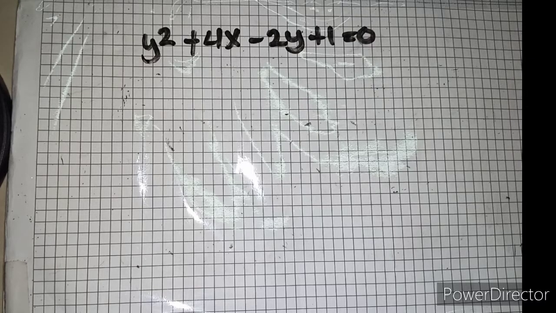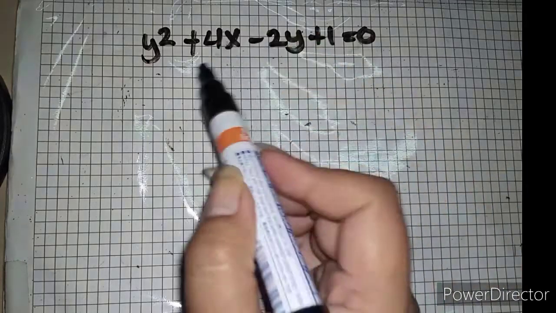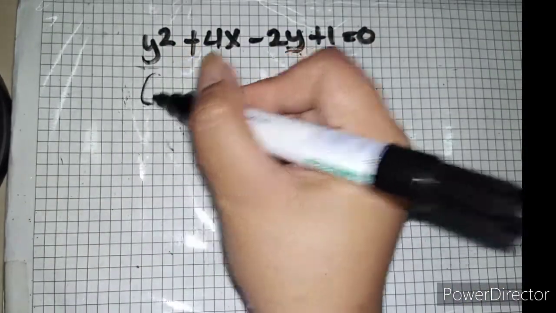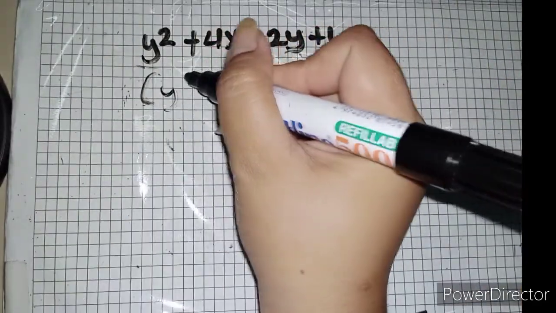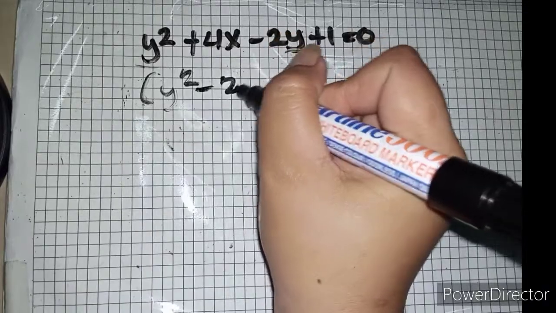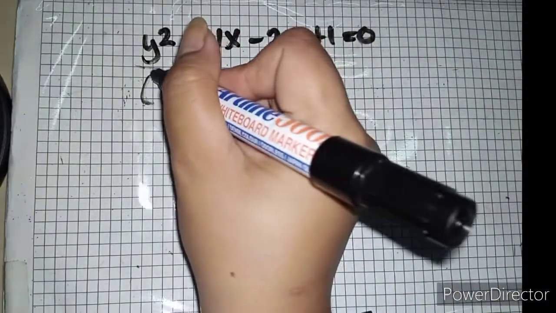So, for this equation, ang i-isolate natin ay yung may y variable. Okay? Kasi sila yung may magkaparehas dito na term, na variable. So, i-isolate natin sila using the parentheses. So, we have y squared minus 2y.